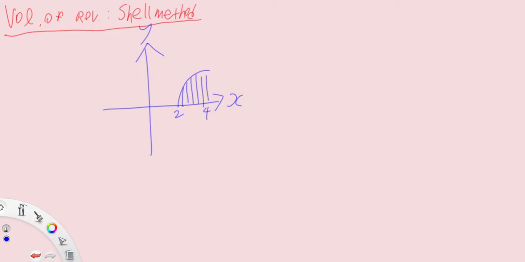When we rotate around the y-axis, we're going to get the corresponding cuts as well. So instead of our volume being like disks, our volumes are now like a casing. So it's like a ring.